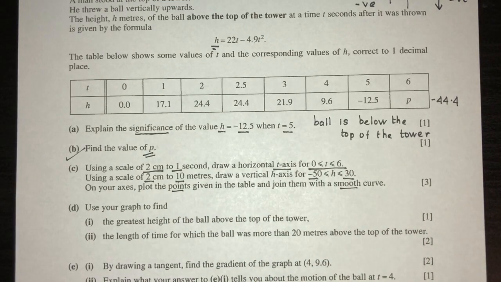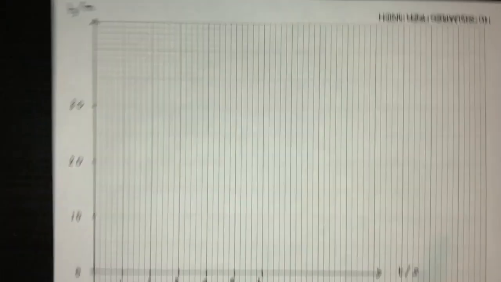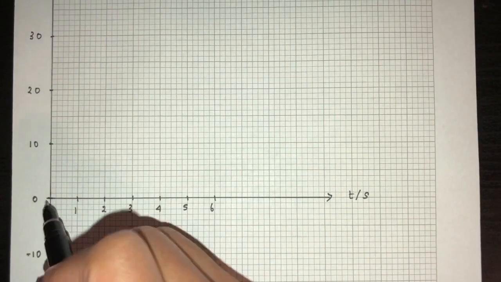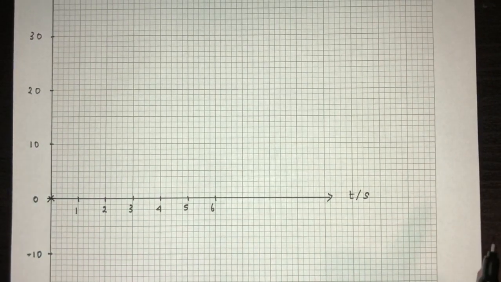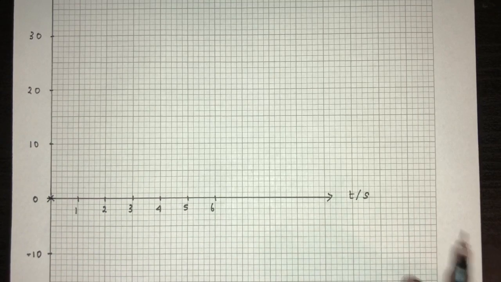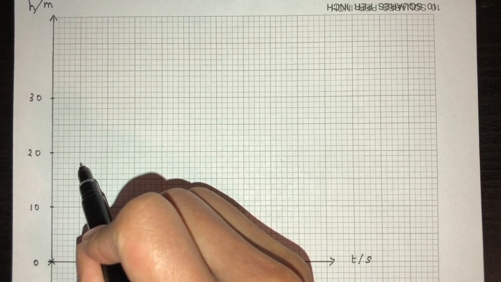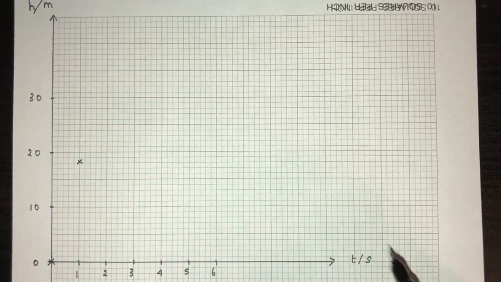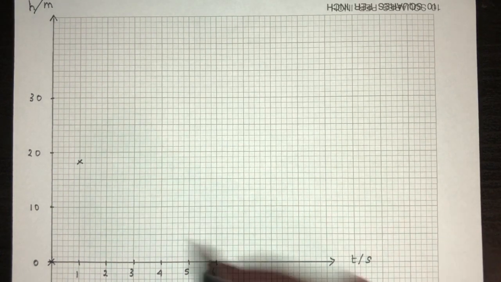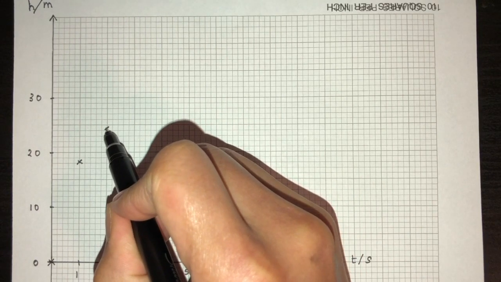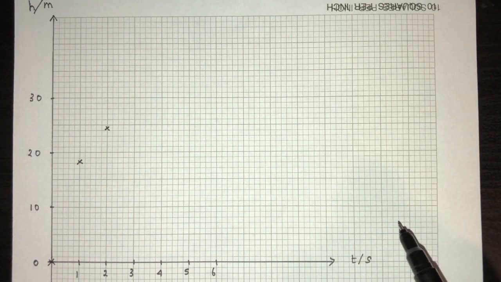So let's do that. First point we have 0, 0. So we'll be right here. And then we have 1, 17.1. So 1 will be here, 17.1 should be right here. And then we have 2, 24.4. Then we have 2.5, the same thing.